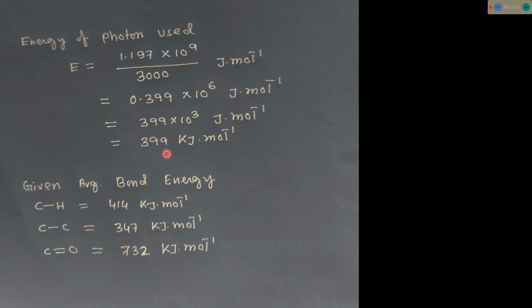Here the energy of the light we are using is 399 kilojoule per mole, but the C-C average bond energy is 347. So this is more than the average bond energy of the C-C single bond.